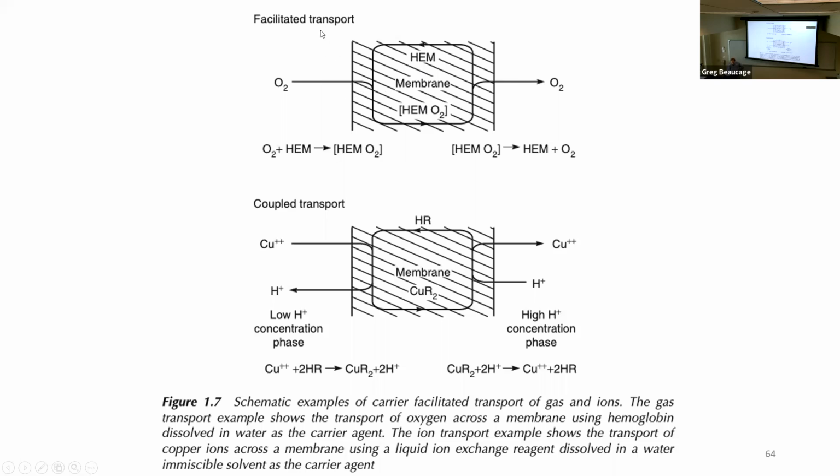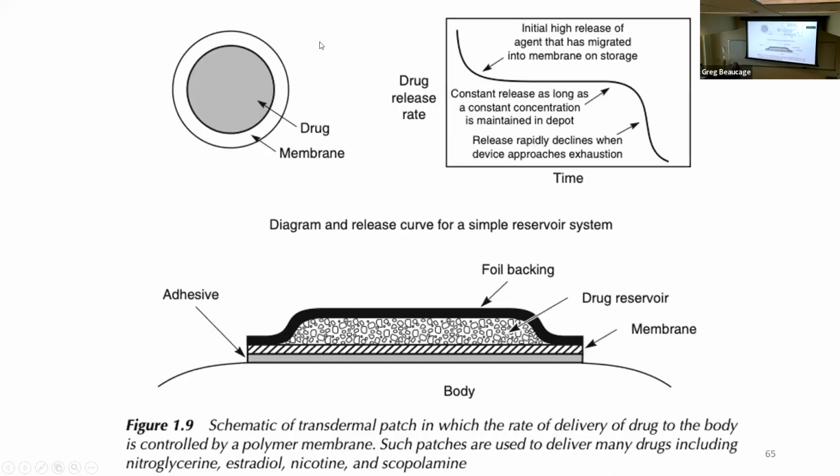So if you have a membrane and you have rich oxygen and poor oxygen, you can selectively transport oxygen across it if you have hemoglobin in here. CO2 won't go across, carbon monoxide or whatever goes in with the oxygen. Right, so you just fill the pores with a liquid that's got like water with the hemoglobin in it, and then that'll just separate the oxygen. So that's like a carrier facilitated transport membrane.